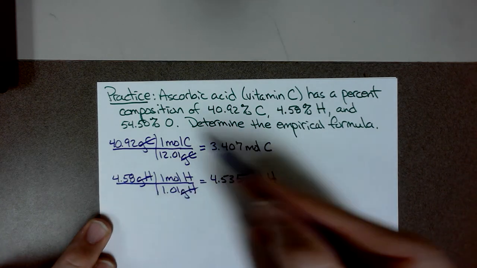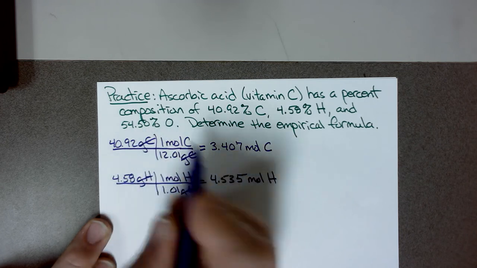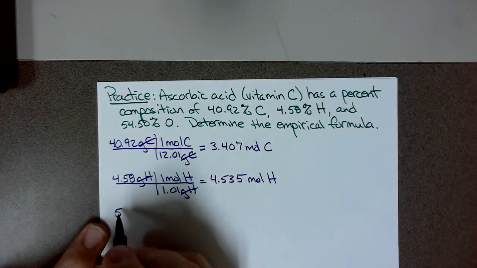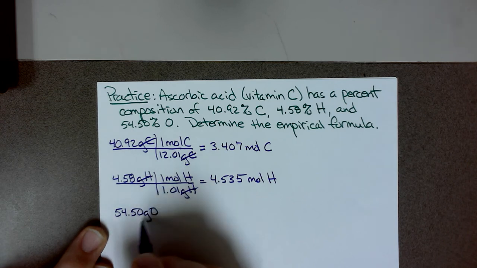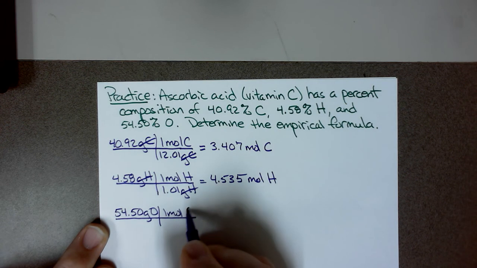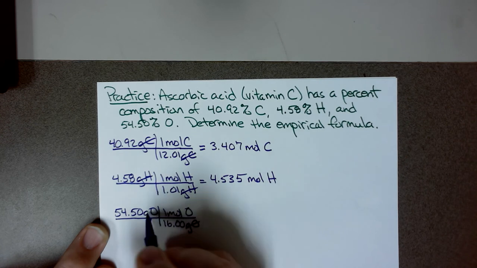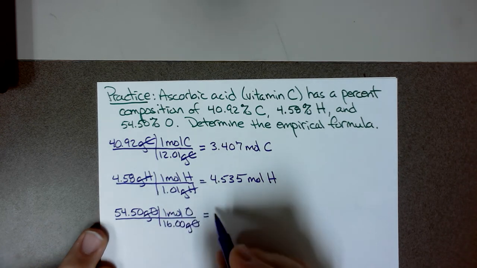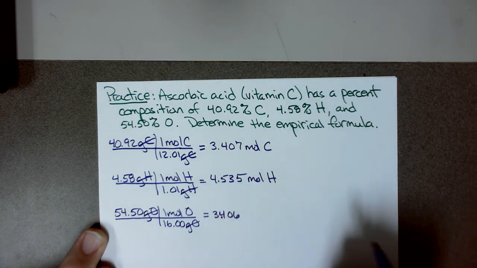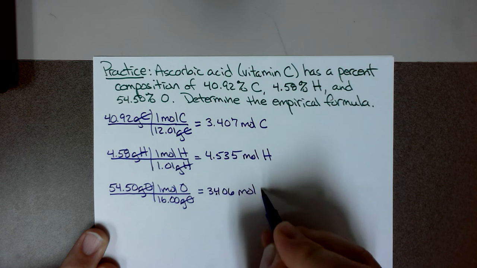And then we have 54.50% oxygen, which we can say is 54.50 grams of oxygen. Take it to the mole, so 1 mole of oxygen is 16.00 grams of oxygen. And this is going to be 3.406 moles of oxygen.